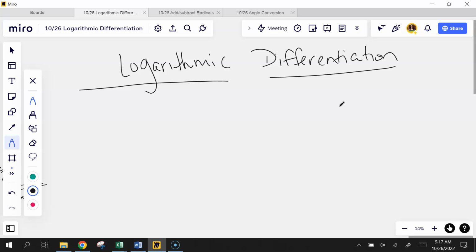Did the videos help you though with the inverse stuff? Just showed like proof of the derivative of the inverse, you know what I mean?